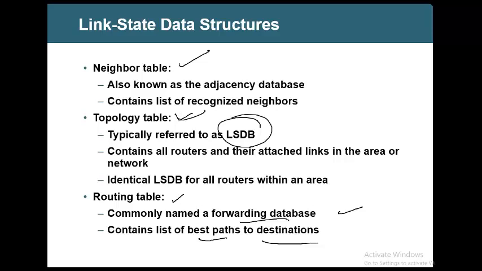So topology table typically refers to the link state database. It consists of all routes and their attached link in the area. I have not spoken about area. We'll talk about areas later.